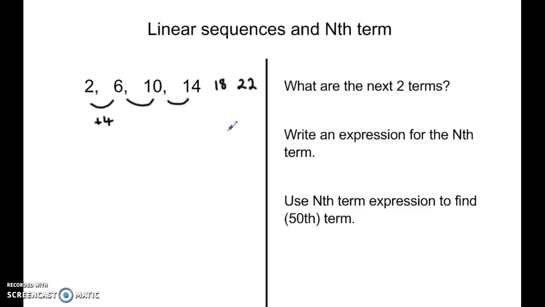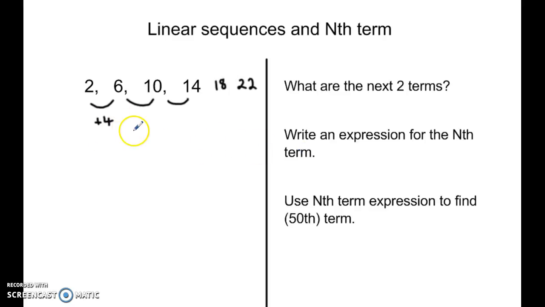Now if we look at the next type of question we're going to get, nth term stands for any term, and in this we're going to write an expression that allows us to find any term without having to count all the way up to that term. So have a look at how we do that.